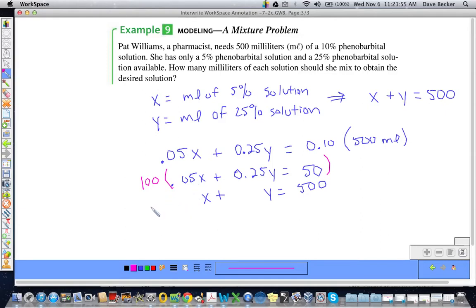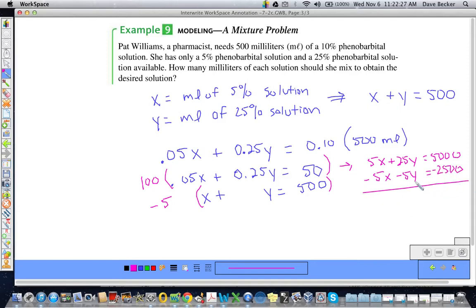So if I multiply the other one by -5, I would get a -5x, and my x's could drop out. So this equation becomes 5x plus 25y equals 100 times 50, which is 5,000. And then -5x minus 5y equals -2,500.